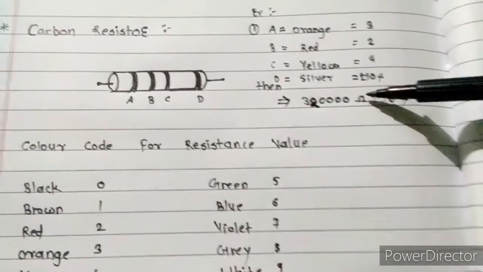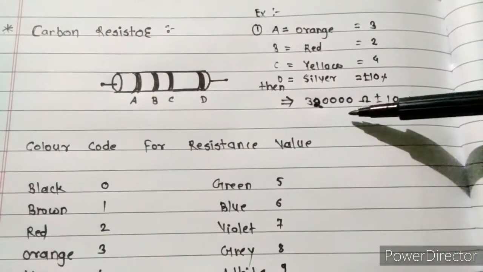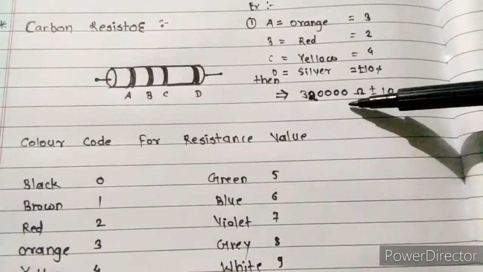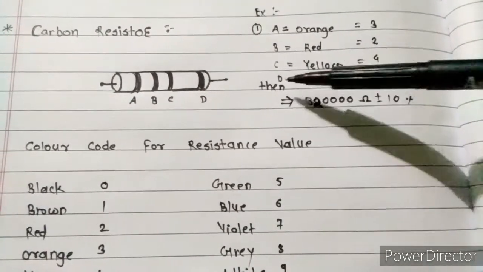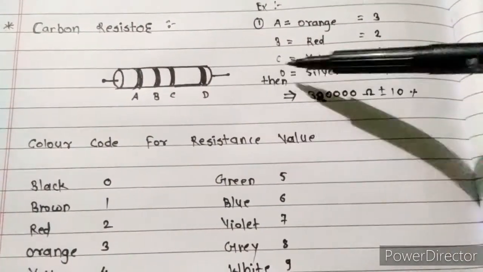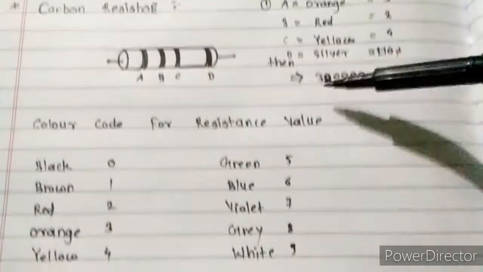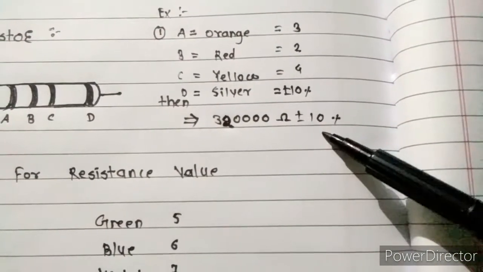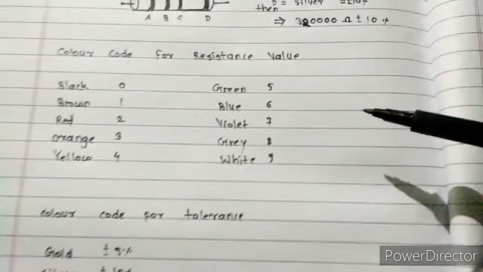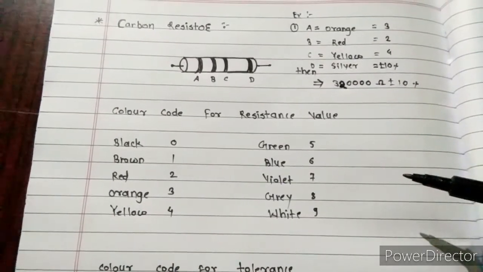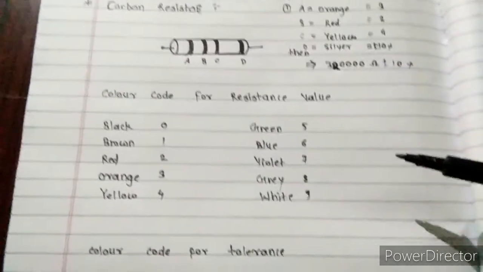So the value of resistance we obtain here is 320,000 ohm. Our last band, band D, also called the tolerance band, is silver, and for silver the tolerance value is plus or minus 10%. By this way we can find the value of a resistor using the color coding method.